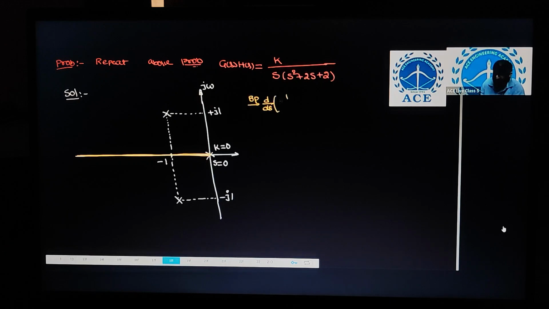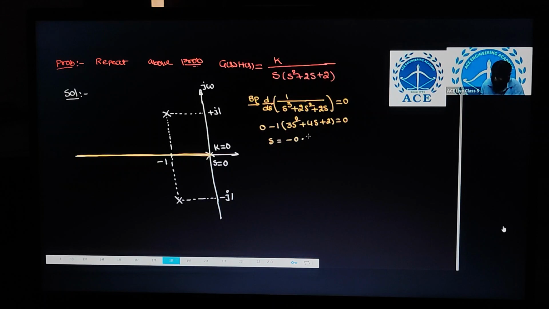d by ds of 1 by s cube plus 2s square plus 2s. U dash V minus U V dash equals 0. What is V dash? 3s square plus 4s plus 2. Find the roots, you will get the break points. Come on.